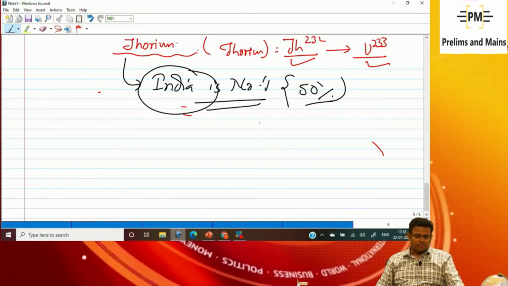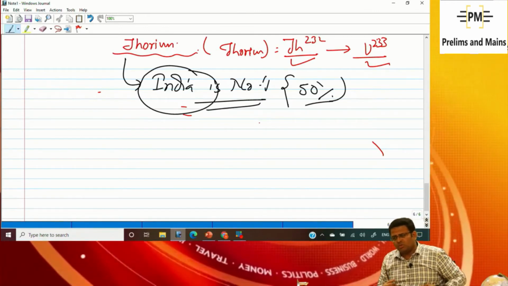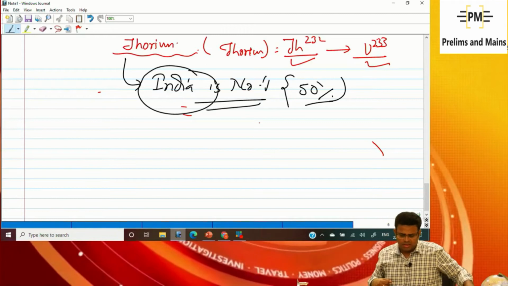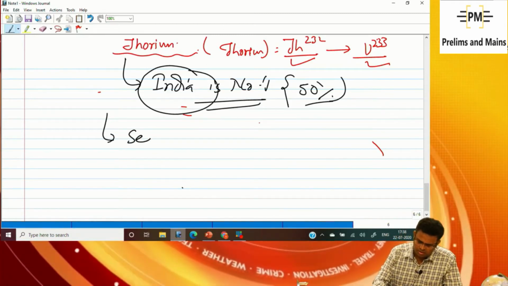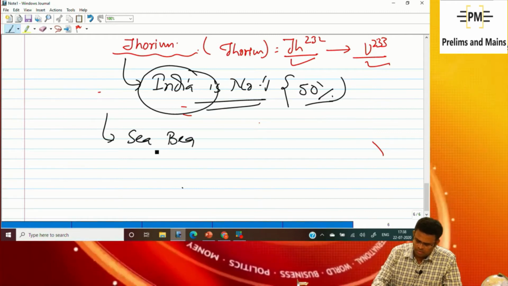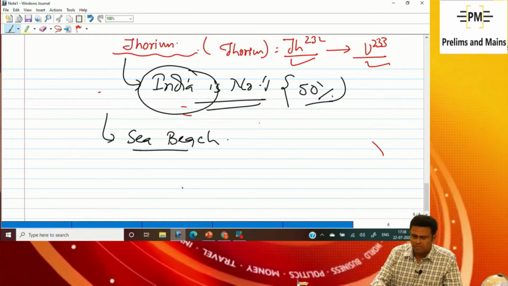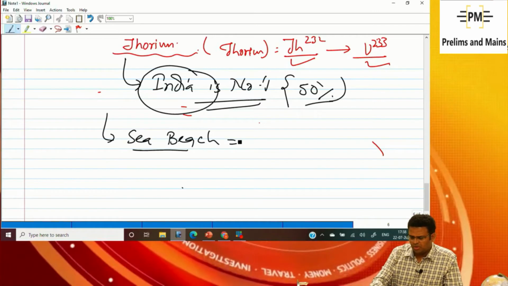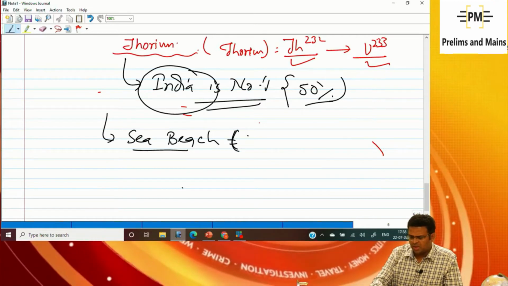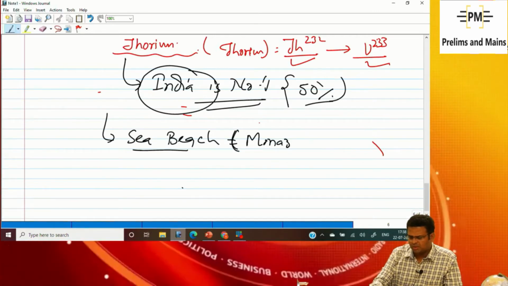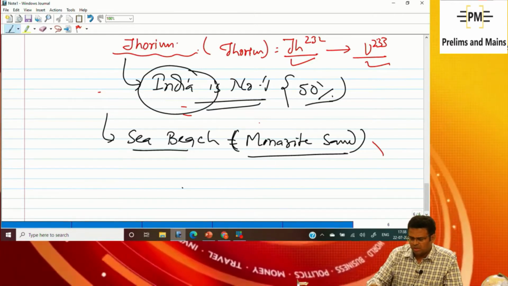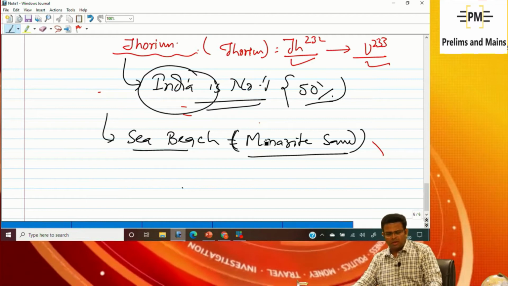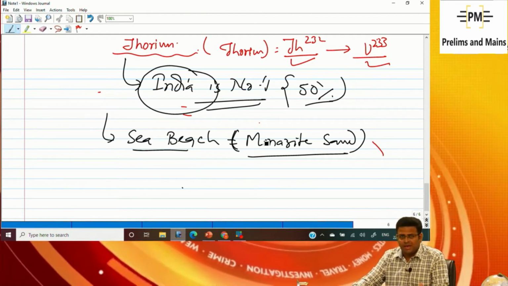Generally thorium is available on the sea beach, and on the sea beach there is a particular sand, its name is monazite sand. Along the sea beach monazite sand is there.